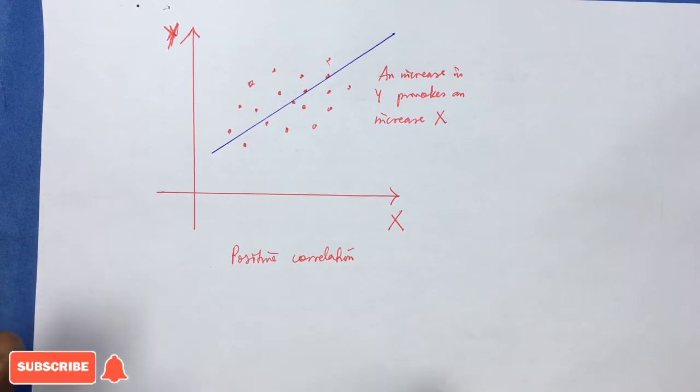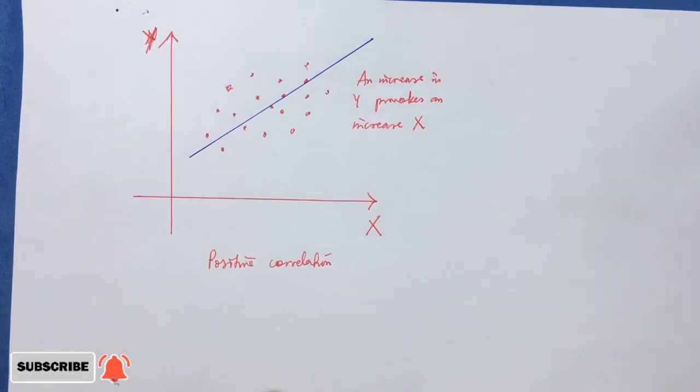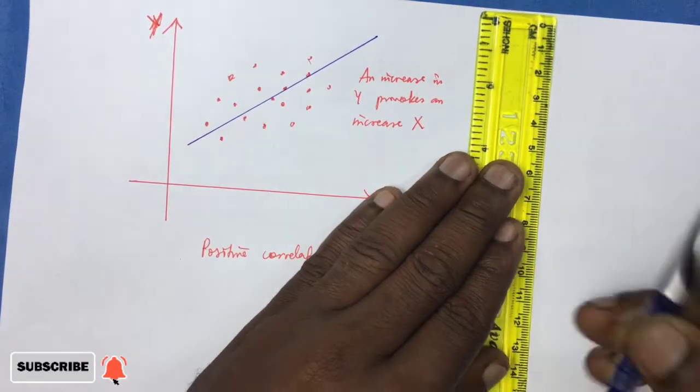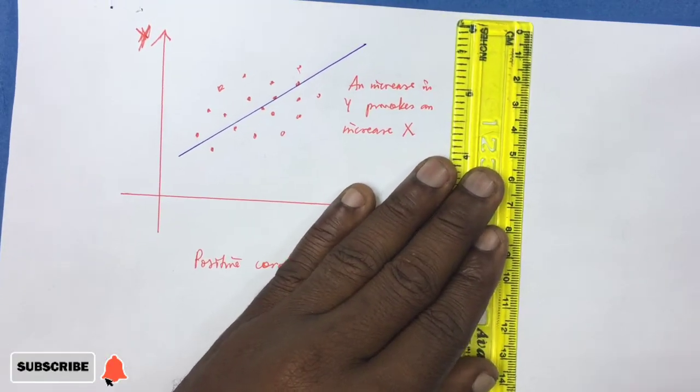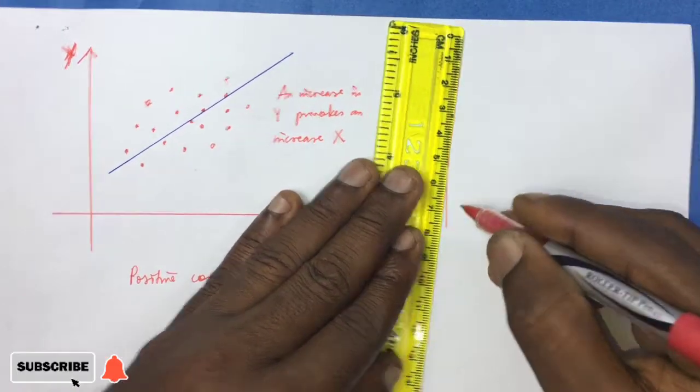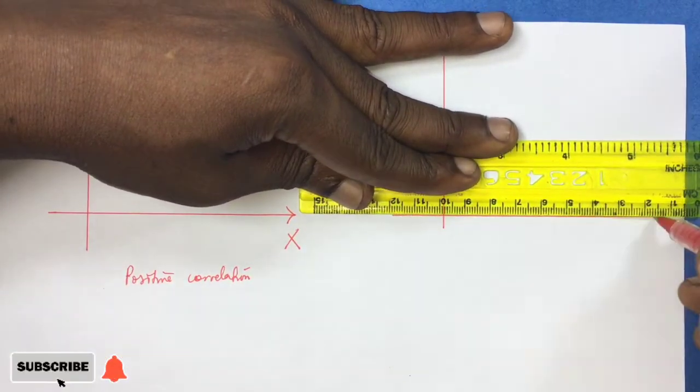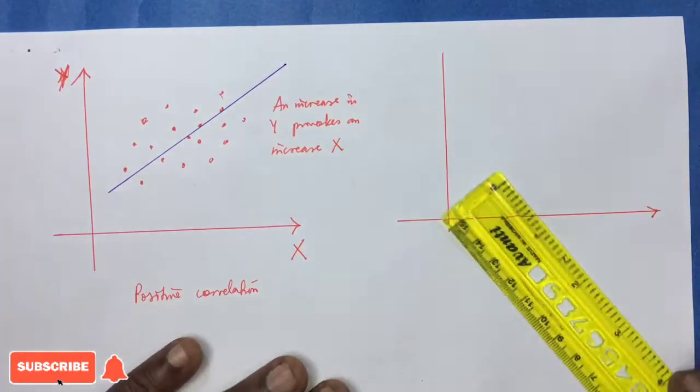When we notice with the scatter diagram that an increase in y causes an increase in x, or an increase in x causes an increase in y, that kind of correlation is said to be positive.